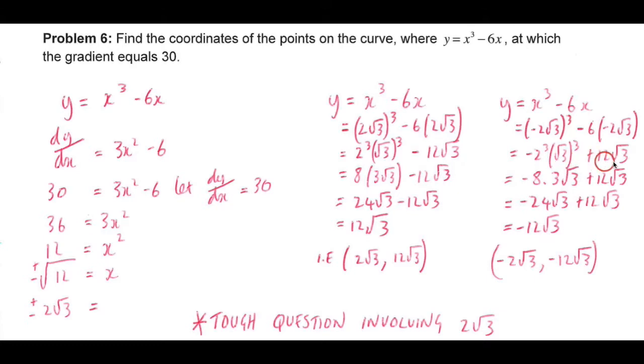And of course, I substitute negative 2 times the square root of 3 in for x here. You can see the basic algebra coming through, and I end up with y equaling negative 12 lots of the square root of 3. So my second point is x equaling negative 2 times the square root of 3, and y equaling negative 12 times the square root of 3.